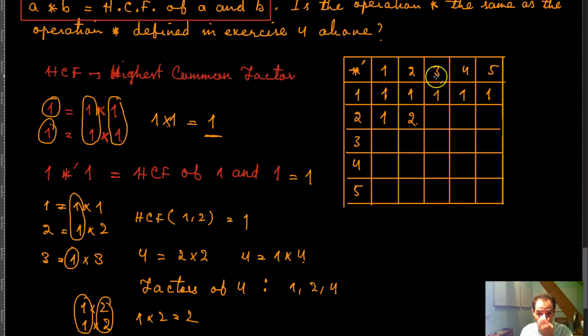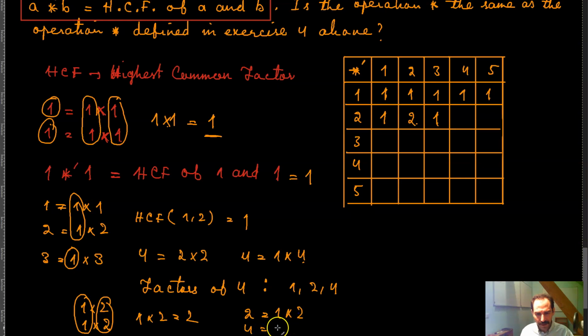The highest common factor of 2 and 3 is again 1, because you have 1 times 2, 1 times 3, 1 is common.